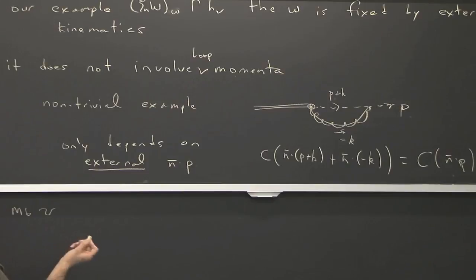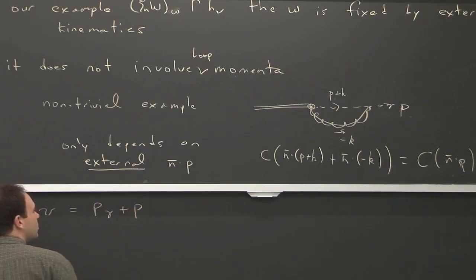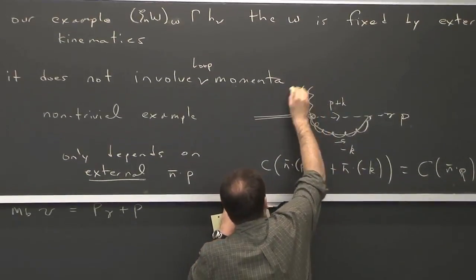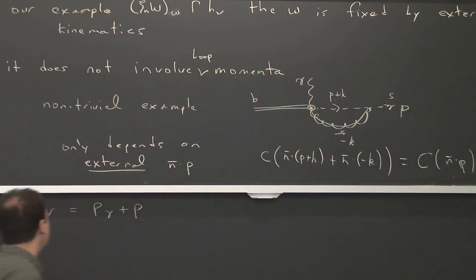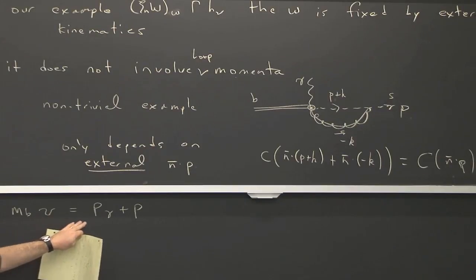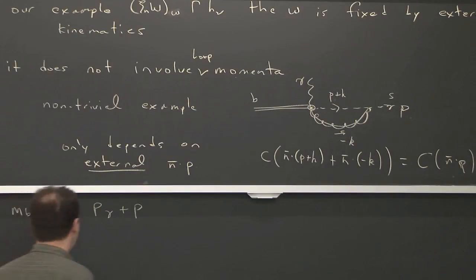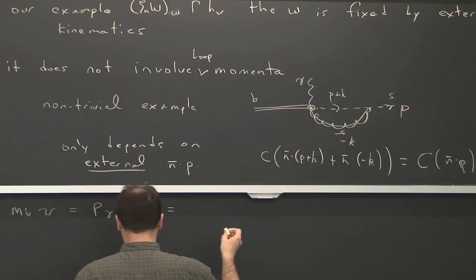The second thing to ask is, what is it fixed to? So if we put a little more into our diagram, let's put the photon in. This is a B quark. This is a strange quark, B to S gamma, for example. Then the kinematics of the external lines is we have m_b v coming in for the B quark, P of the photon, and P of the external strange quark. And the photon is light-like, P gamma squared is 0.